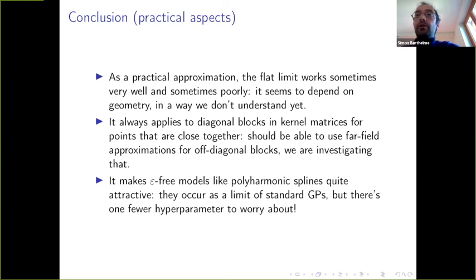And the fact that they occur as a limit of Gaussian processes, I think should count in their favor, especially for polyharmonic splines, which have nice properties. So you can think of them as non-parametric models that do not have the epsilon parameter and also occur naturally as a limit of Gaussian processes. That should make them interesting, I think, in practice.